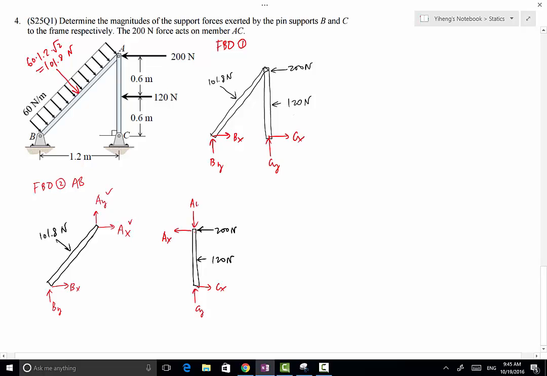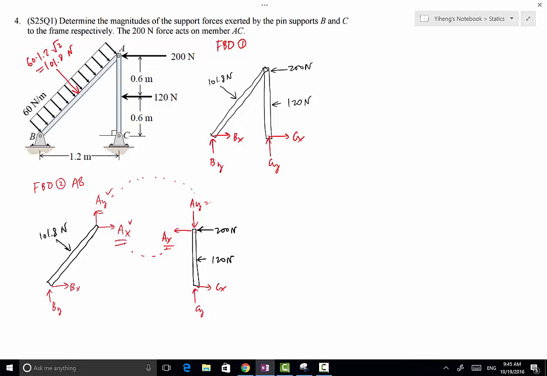And if you've watched the lecture video, you know that these are not action and reactions, but they can be considered so. If you have two members being pinned together, because of the equilibrium of the pin, it is okay to consider these two forces as action and reaction, and these two forces as action and reaction, because they have this equal and opposite relation, even though members AB and AC do not directly interact with each other.